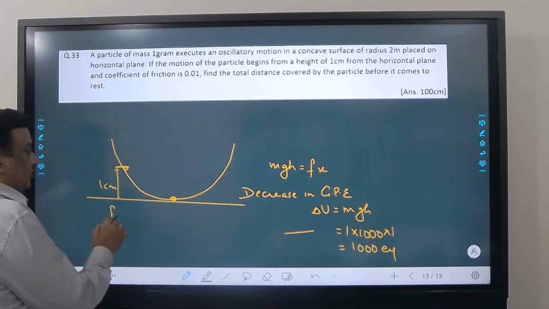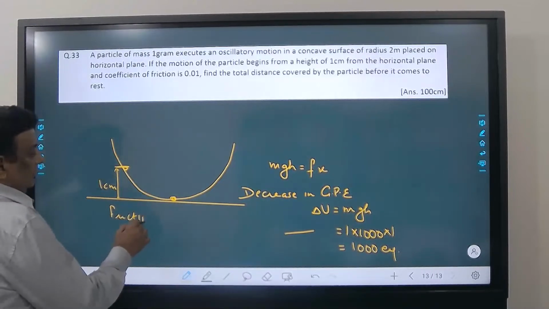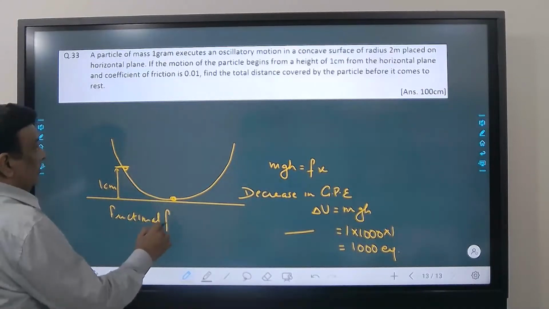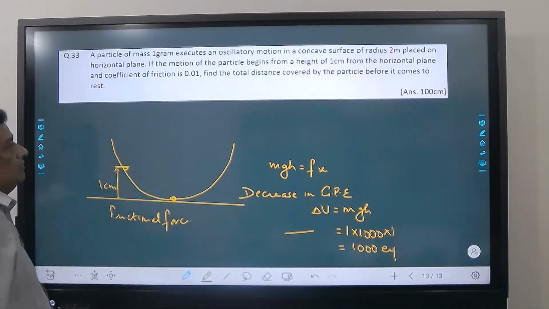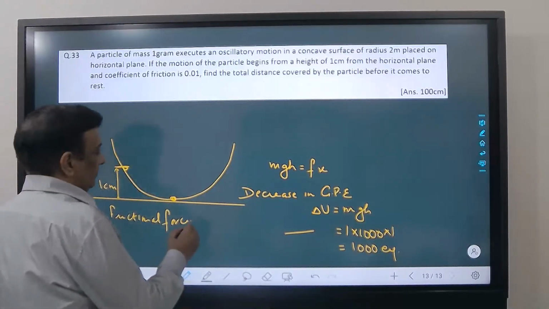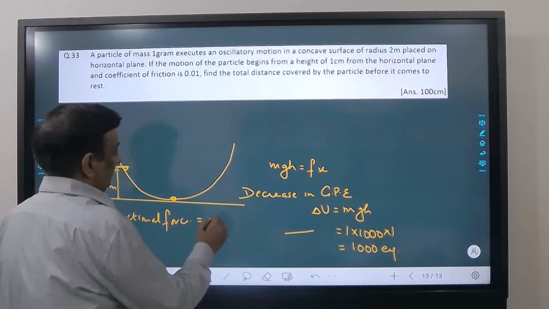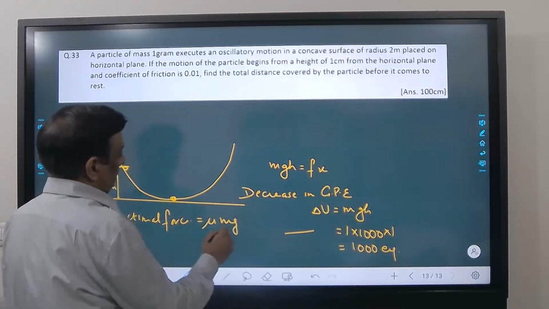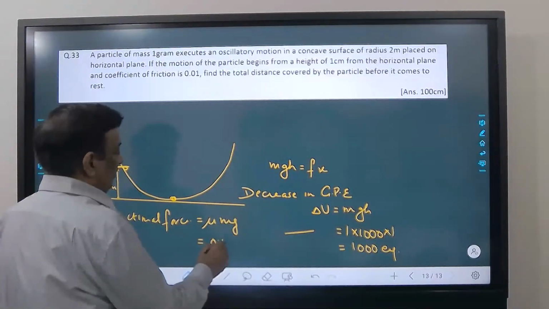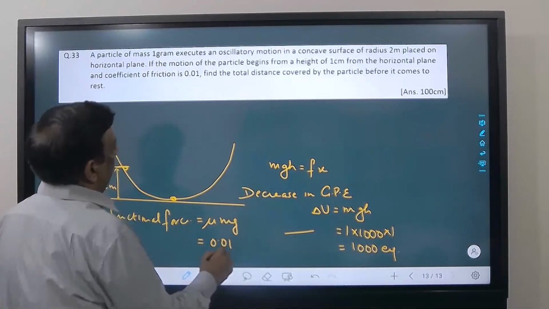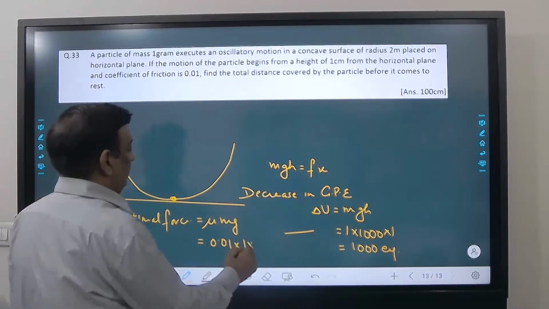Now, frictional force. Coefficient of friction is 0.01. So how much distance will it travel? 0.01 into mass 1 into 1000.